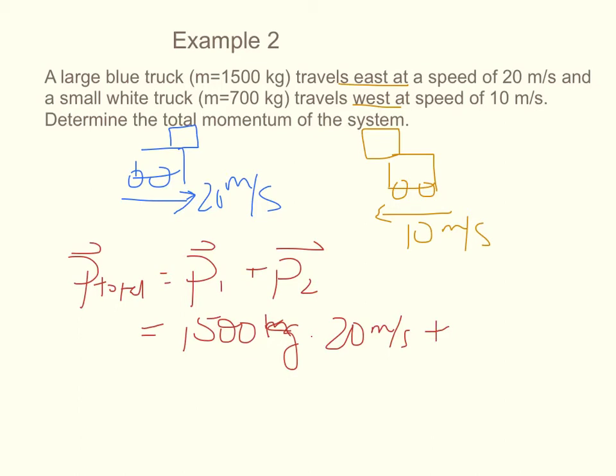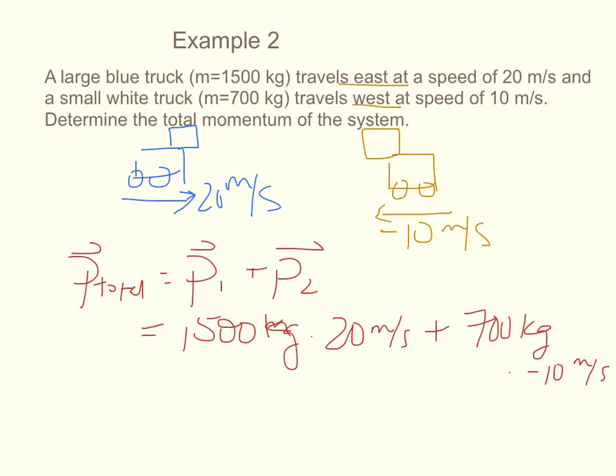So typically how we write that is the same thing, mass times velocity, but the velocity is going to be backwards, and so as we've done in the past, we are going to say that the velocity is negative 10 meters per second. So probably should add a negative sign up here. So negative 10 meters per second.